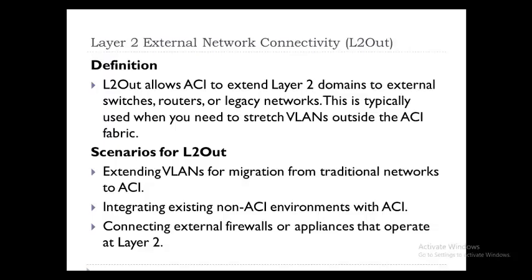So we slowly migrate. We just extend that VLAN from traditional to ACI, and then we start moving the end devices to ACI little by little, so that the entire network won't go down. So at some point of time, there will be some devices in the traditional network and some devices in the ACI fabric that need to communicate. For that, you need to put them in the same broadcast domain.